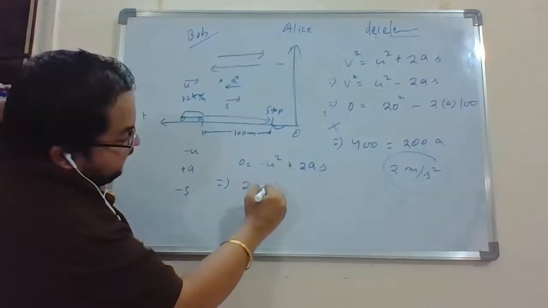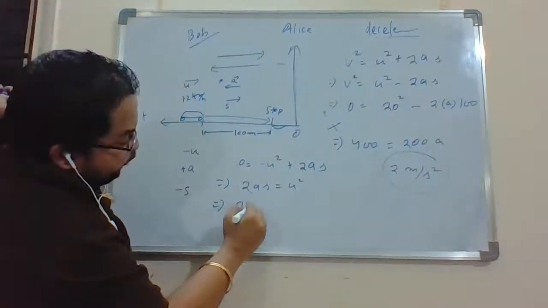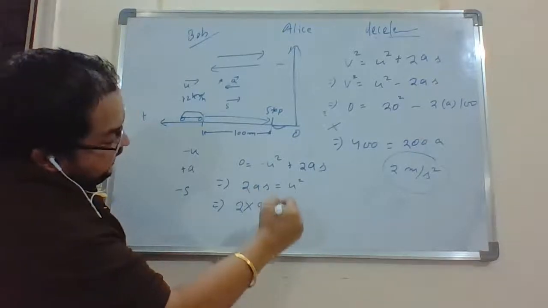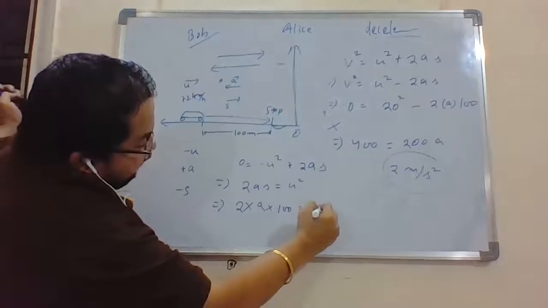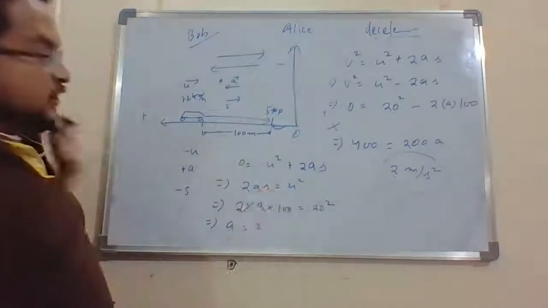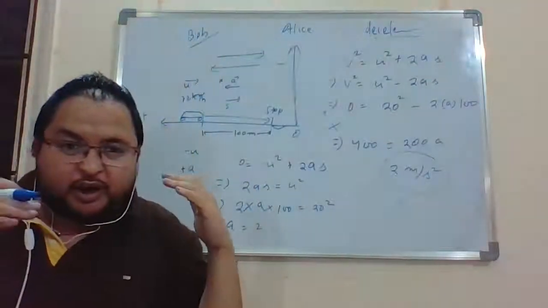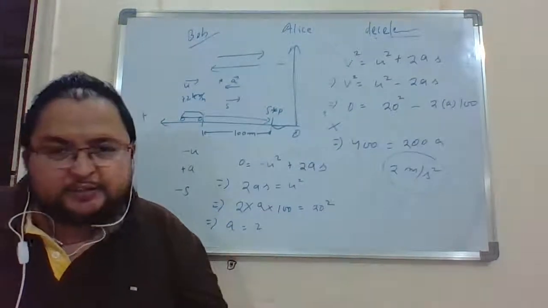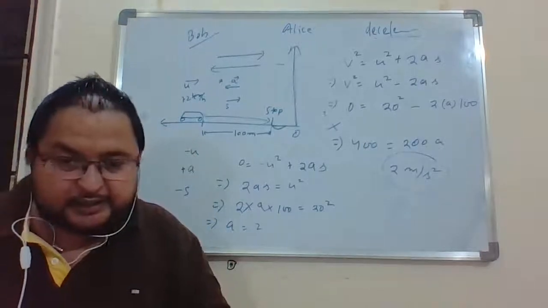So 2as equals u squared. So again 2 into a into s was again 100, and u squared was 20 squared. So again a is 2. So this is the fun of it, that when you change your frame of reference, the positive and negative convention, everything gets reversed. So that can be solved accordingly.